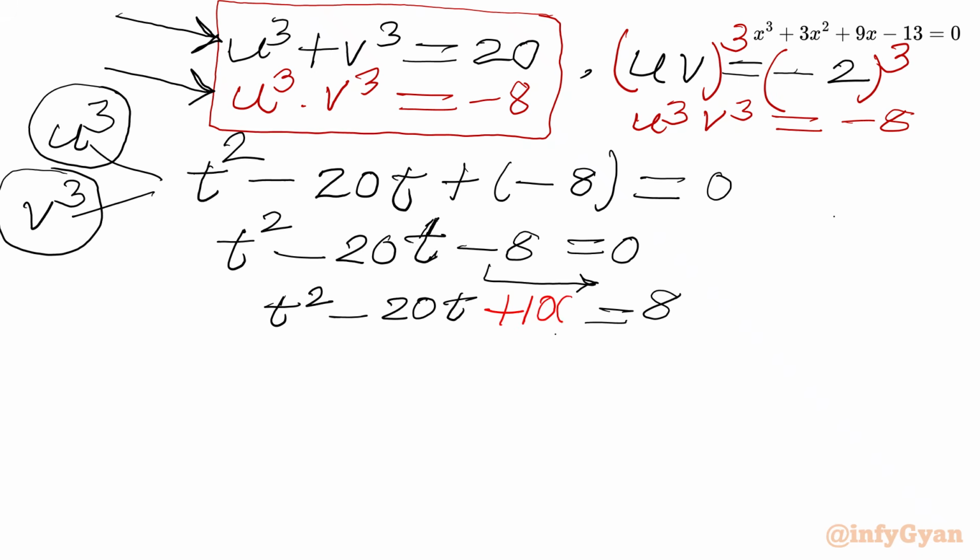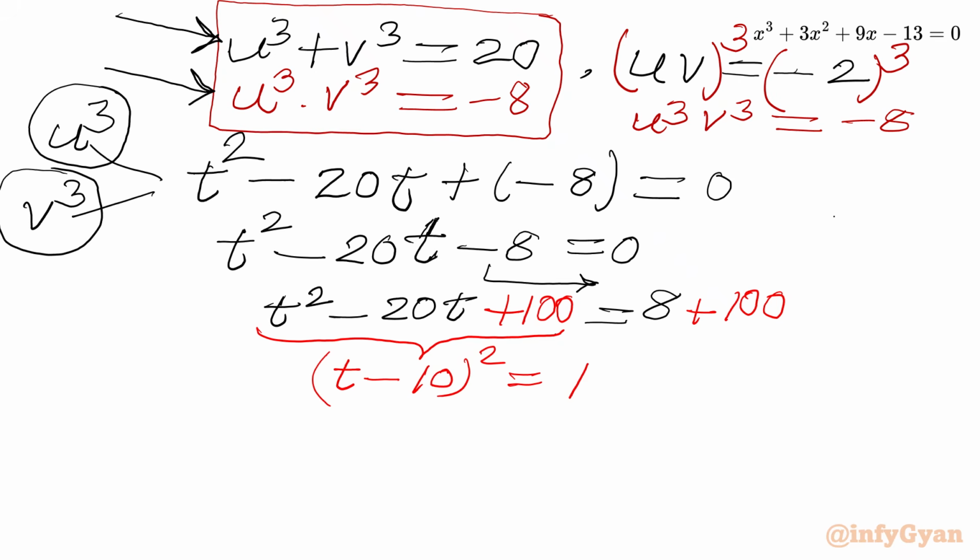So we will add 100 to LHS and RHS. Now LHS will give us one perfect square, t minus 10 whole square, and in RHS we will get 108, which we can write as 36 times 3.